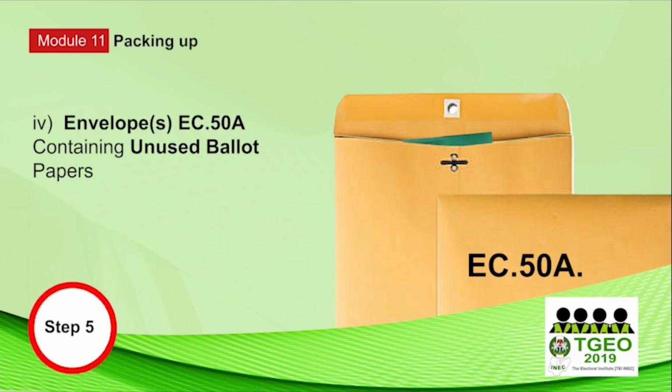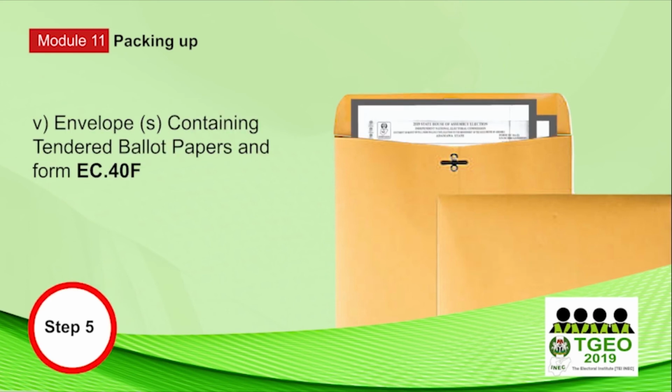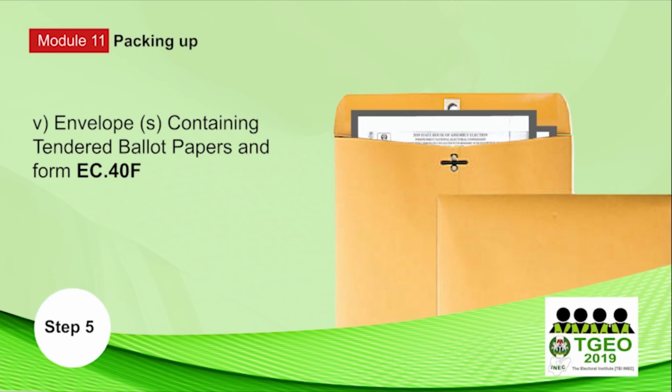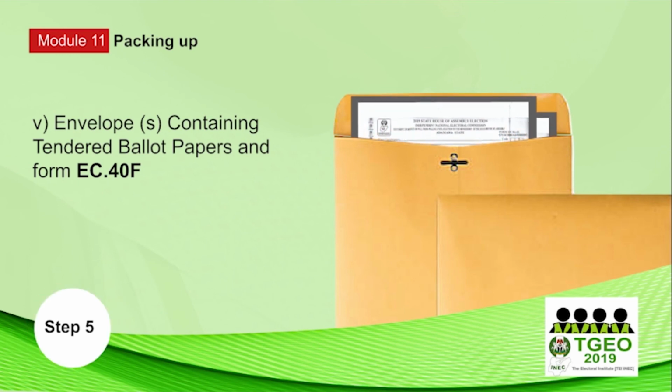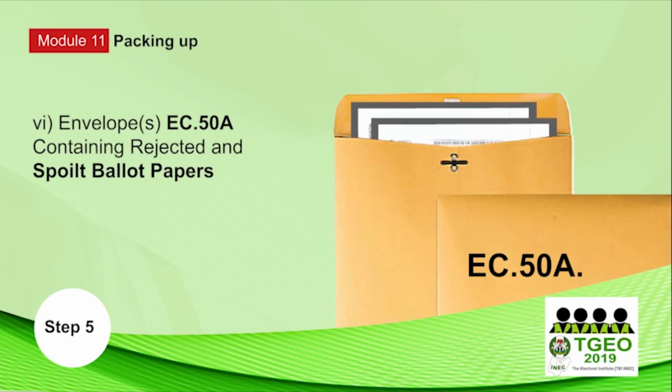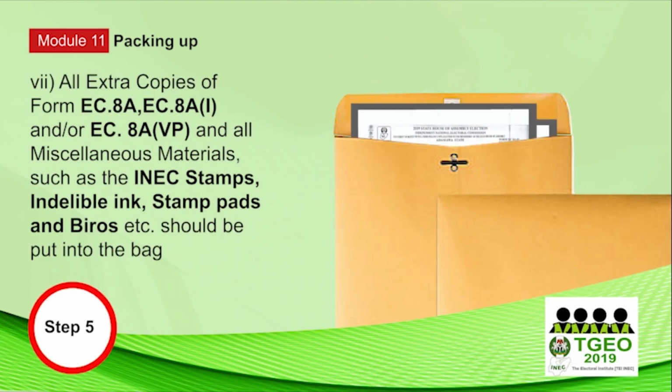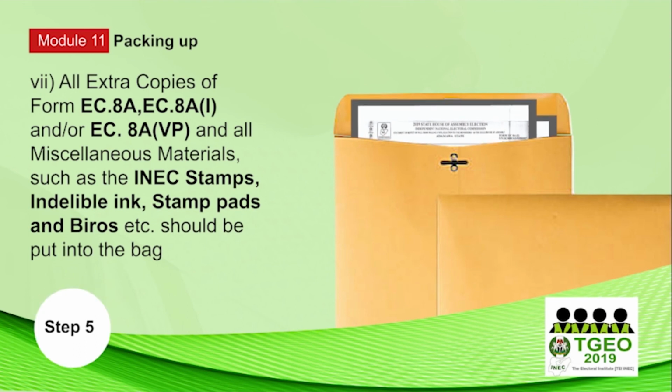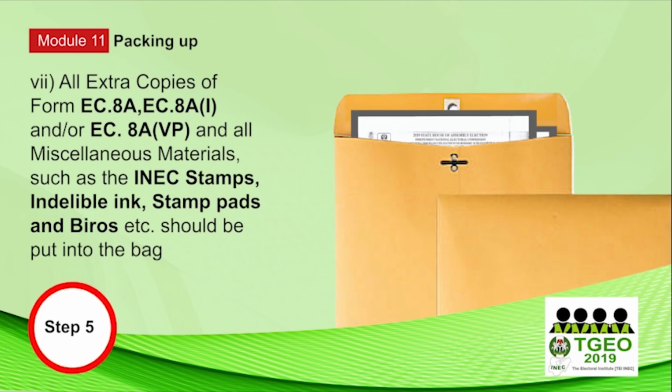Envelopes EC50A containing unused ballot papers. 5. Envelopes containing tendered ballot papers and Form EC40F. 6. Envelopes EC50A containing rejected and spoiled ballot papers. 7. All extra copies of Form EC8A, EC8A1 and or EC8A-VP and all miscellaneous materials such as the INEC stamps, indelible ink, stamp pads and barrel.